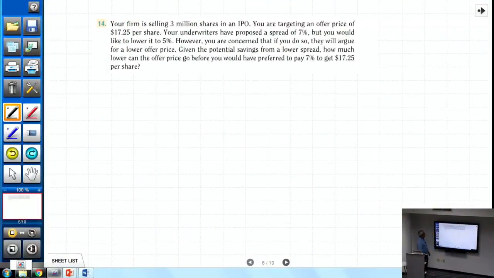Okay, let's take a look at problem number 14. Your firm is selling 3 million shares in an IPO, so that's your IPO shares. You're targeting an offer price of $17.25. Your underwriters are proposing a 7% spread. You would like it lowered to 5%.